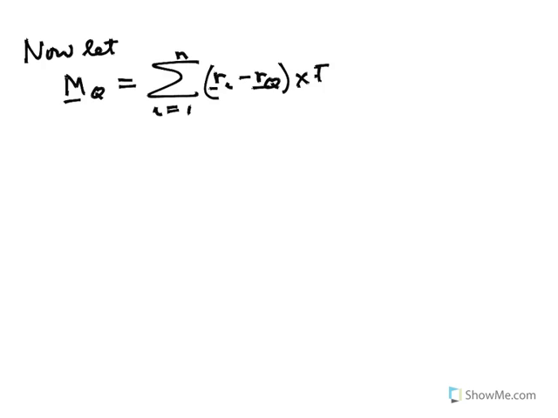Now we can define the following quantity. Let M_Q equal the sum from i equals 1 to n of (Ri minus Rq) crossed with Fi.